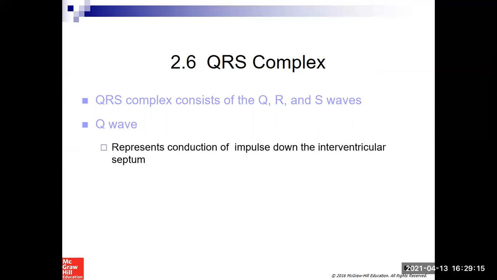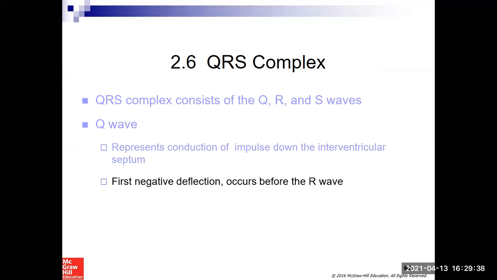Your Q wave represents conduction of impulse down the interventricular septum. And remember, I said the conductivity is going downward, beginning down the ventricles, down the interventricular septum. Your first negative deflection occurs before the R wave.